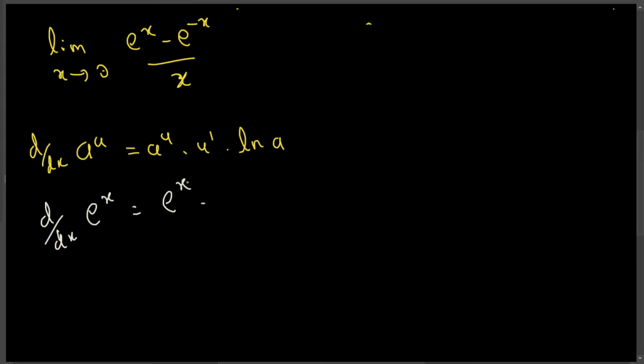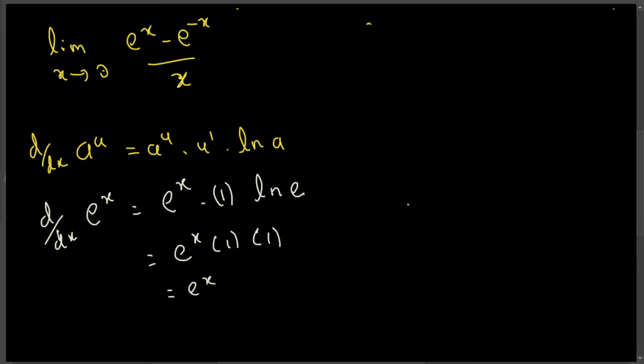Here the power is x, and the derivative of x is just 1. And ln of a, here e is our a value, so we have ln e, and ln e is equal to 1. So finally we get e power x.